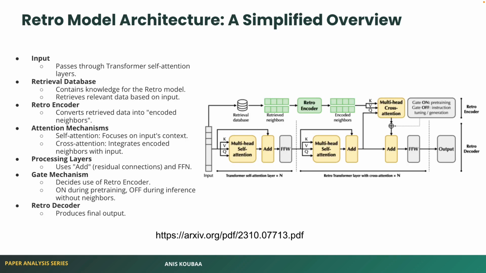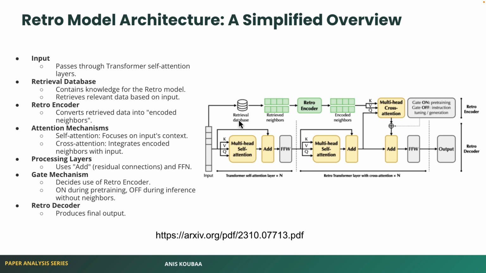So this slide presents figure 4 of the paper, and it provides a schematic representation of the Retro architecture, detailing its components and their interconnection to enhance the modeling. Starting with the input, it is processed through multiple transformer attention layers, enabling the model to efficiently interpret contextual features of the data.